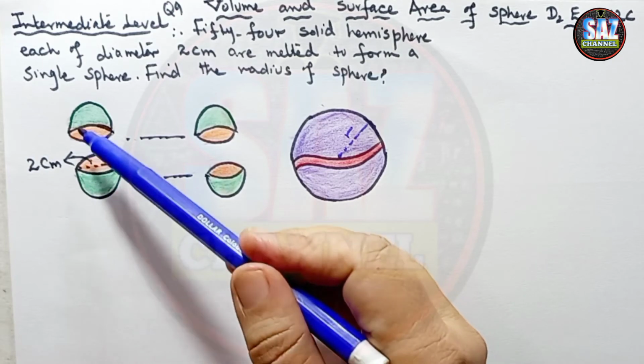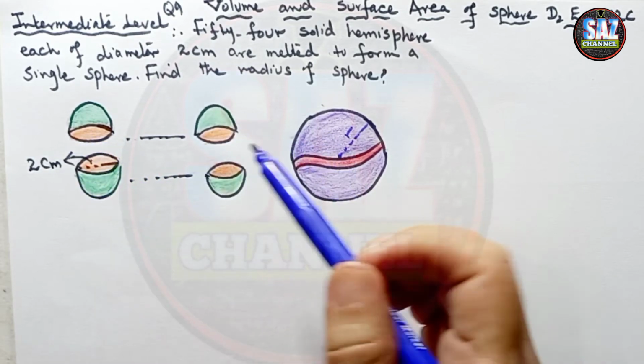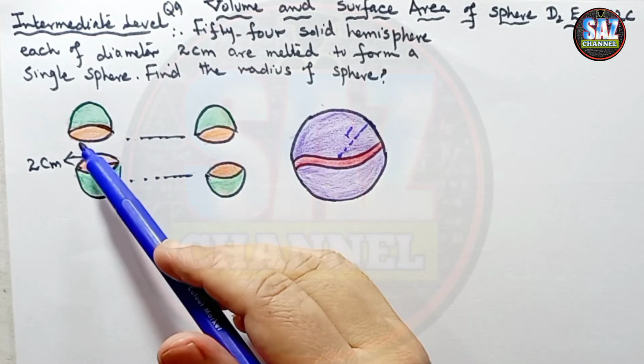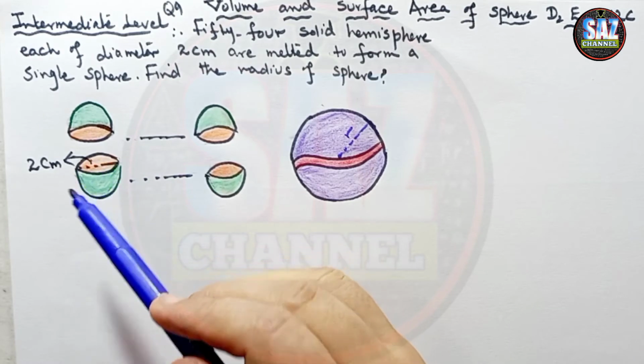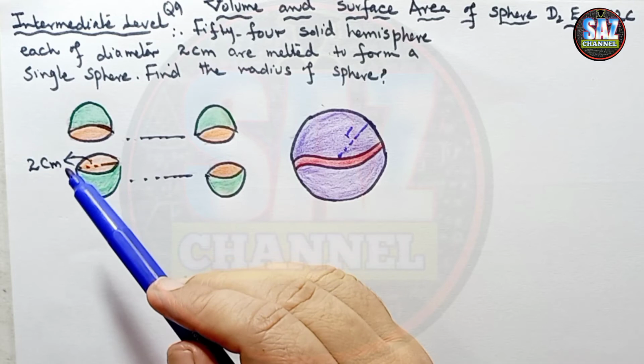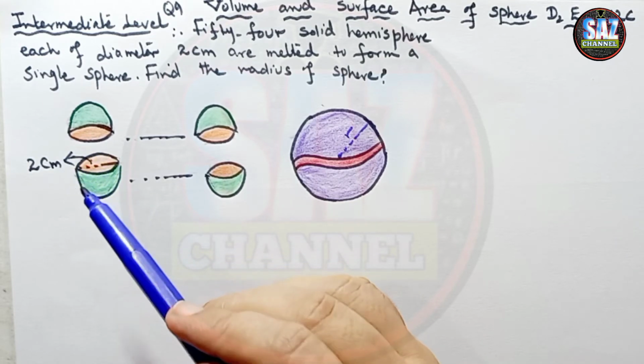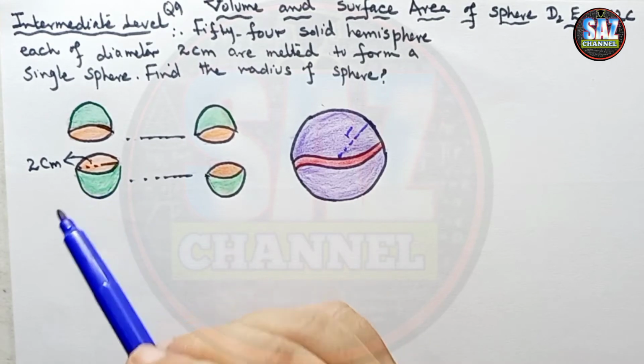If I'm joining two hemispheres together, I can make one sphere. So 54 can make how many complete pairs? 27. Or we can find the volume of one sphere and multiply that answer by 27. So it's up to you what you are doing.